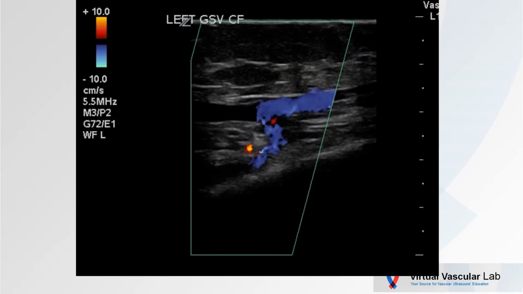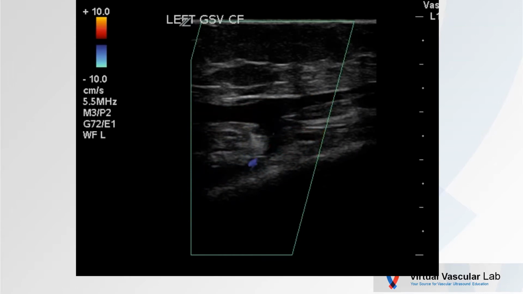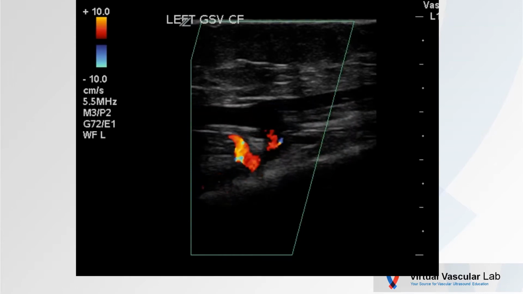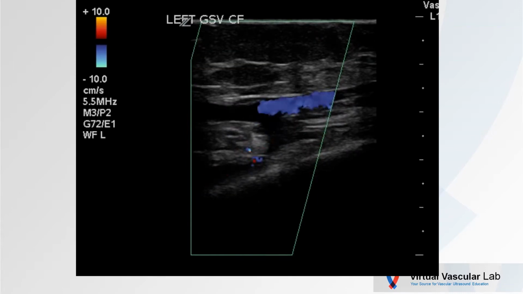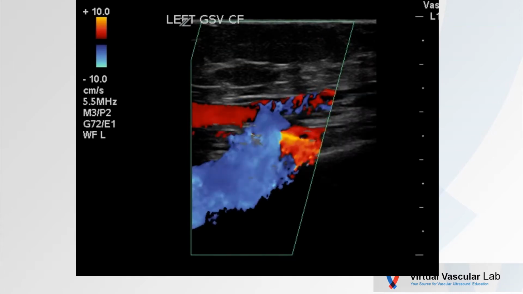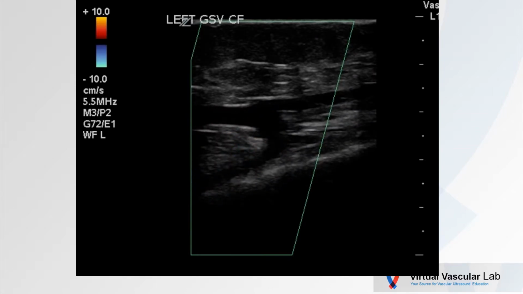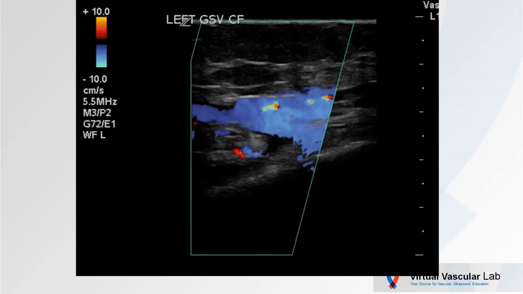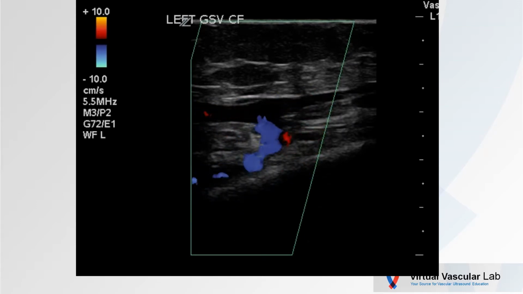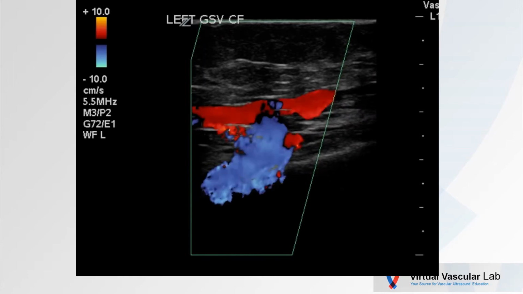So really what I wanted to talk about is this concept of a re-entry perforator. Even if there's reflux in a reentry perforator, many times that's important to empty the superficial system or decompress the superficial system in the case of reflux or other dysfunction to allow blood to get out of the limb.